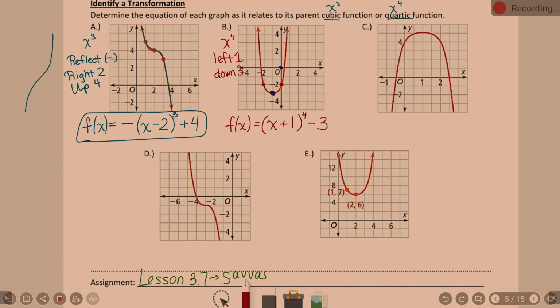Yep. Did you guys follow that? That plus 1 means left 1, goes in the parentheses, right? It's opposite of sign. You've got your transformation list to refer to if you're not remembering what's what. The fourth has to go outside. The minus 3 indicates the down 3.